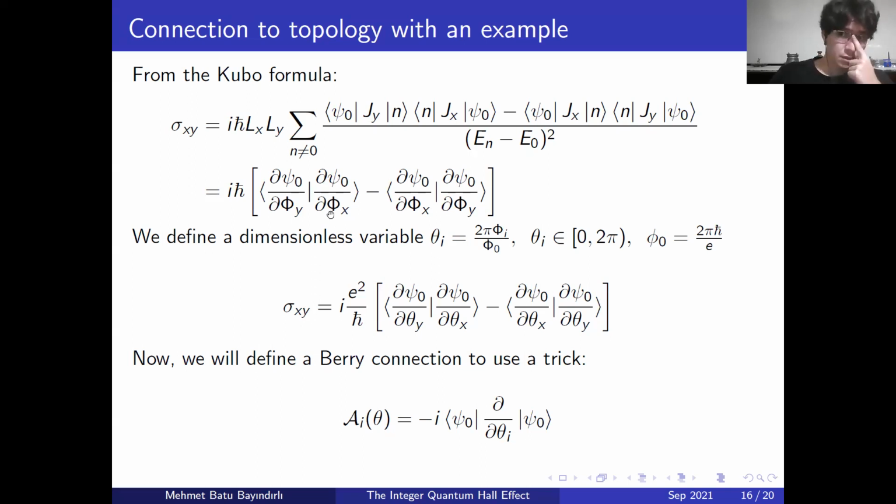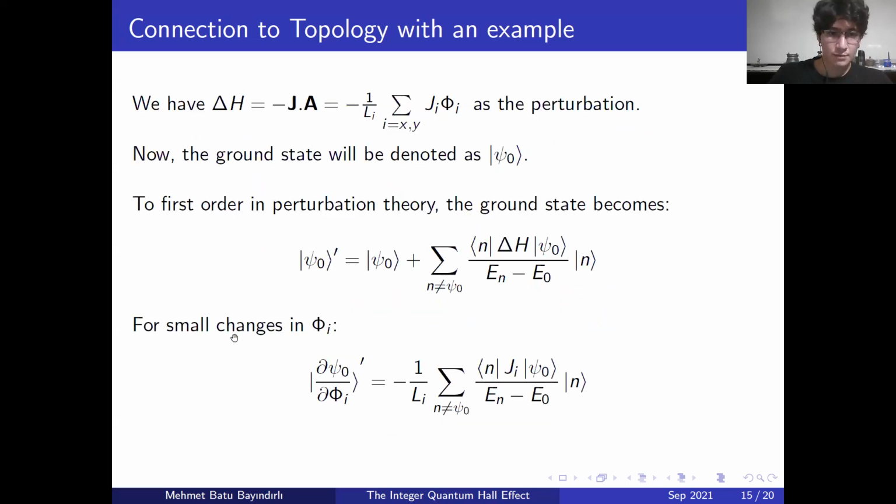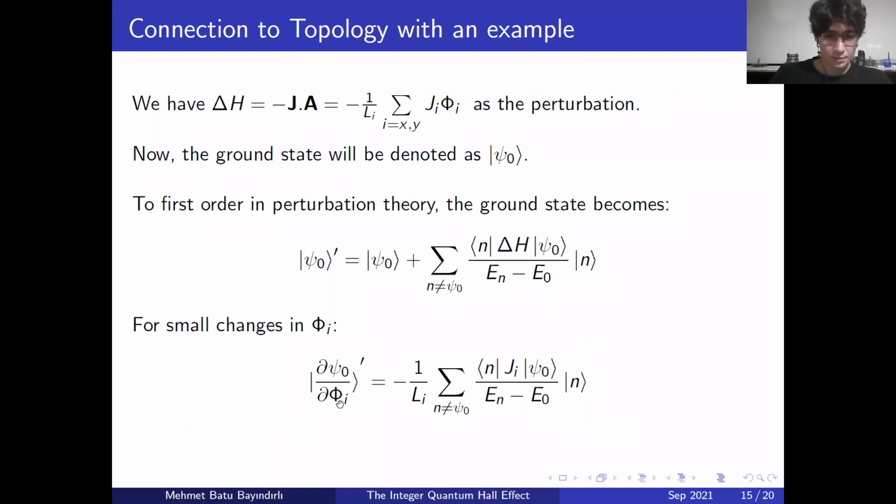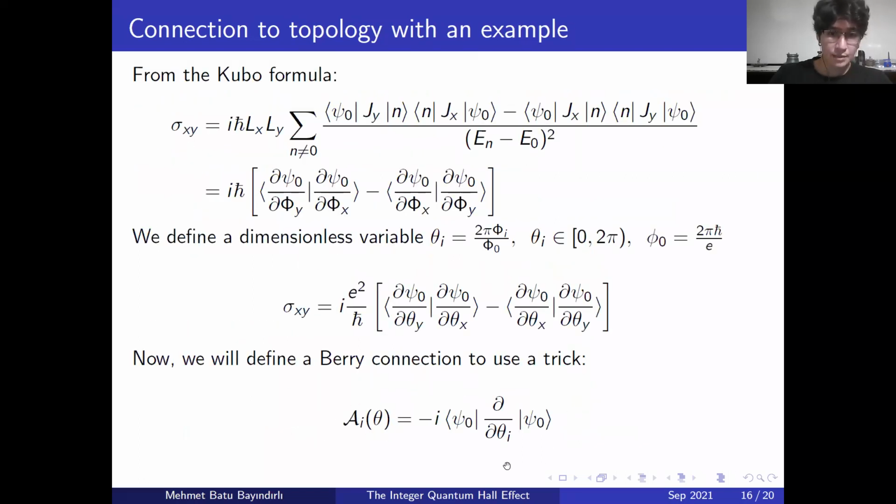So now we do a trick. What I'll do is define a Berry connection over the system. So we added these fluxes phi x and phi y. We can change these fluxes at will, because we introduced them. So we can also change thetas as we see fit.